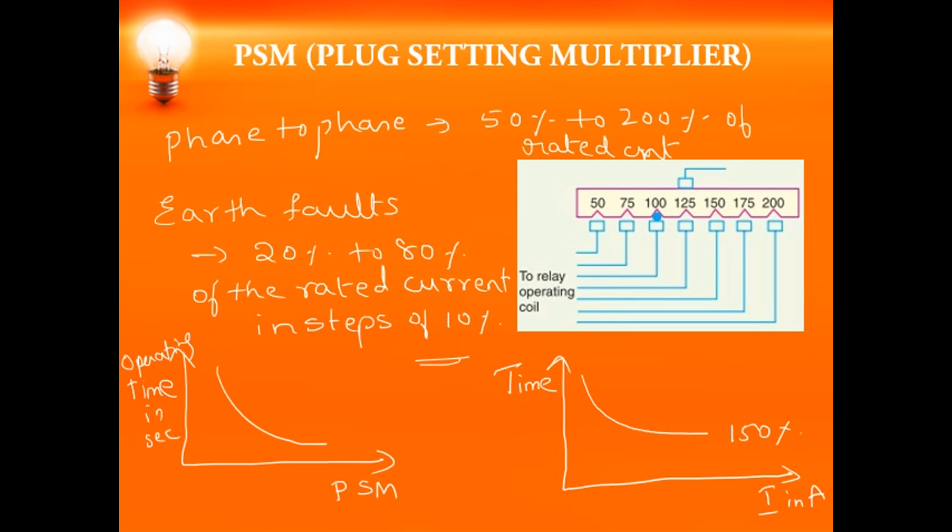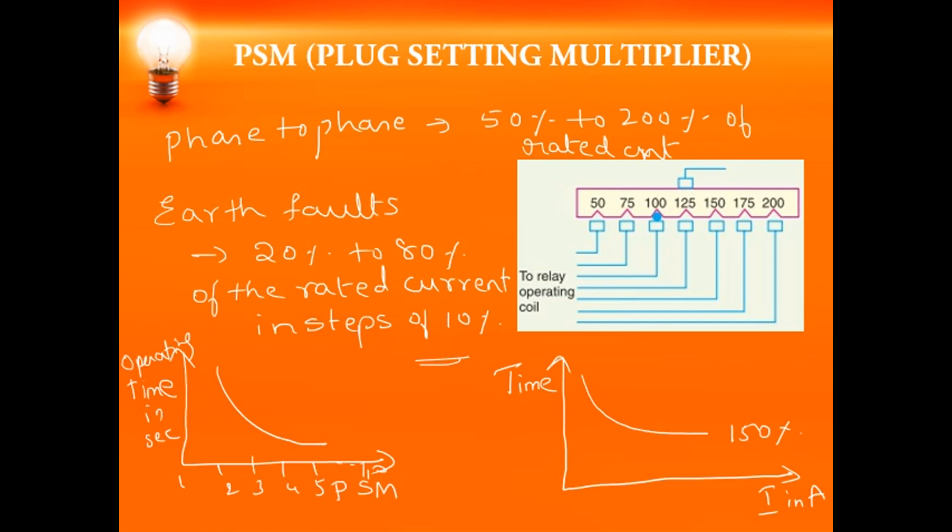Here we can have plug settings 2, 3, 4, 5, etc. up to 10. This plot is usually on a logarithmic scale, a log-log graph, not semi-log. Both the y-axis and x-axis are on a logarithmic scale.